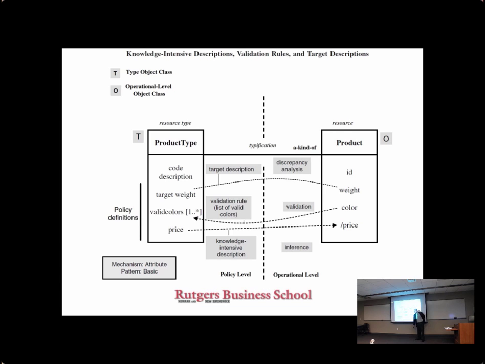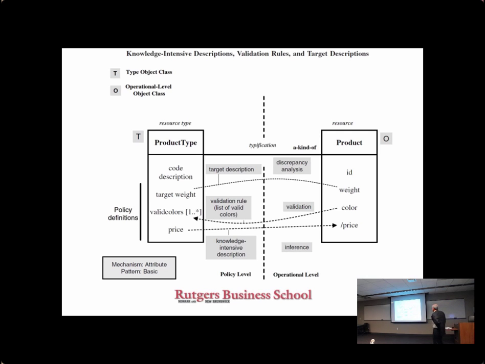Now, as you recall, we distinguish between three different policies: knowledge-intensive descriptions, validation rules, and target descriptions. A knowledge-intensive description is something that characterizes the other thing to which the policy is applied, so it is applied directly by inference.